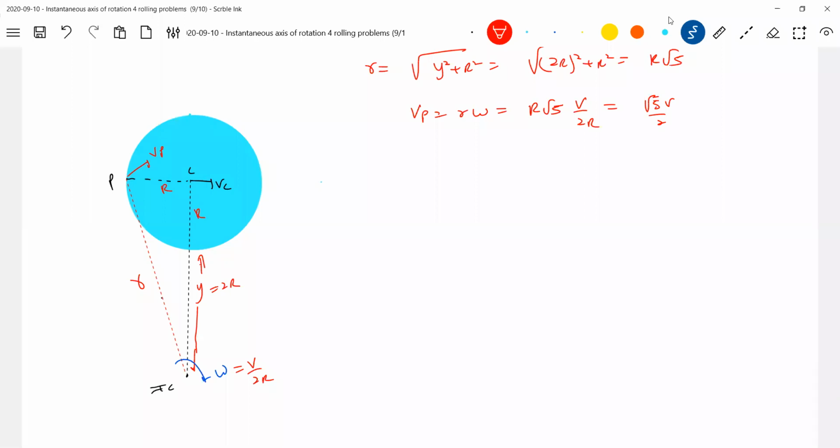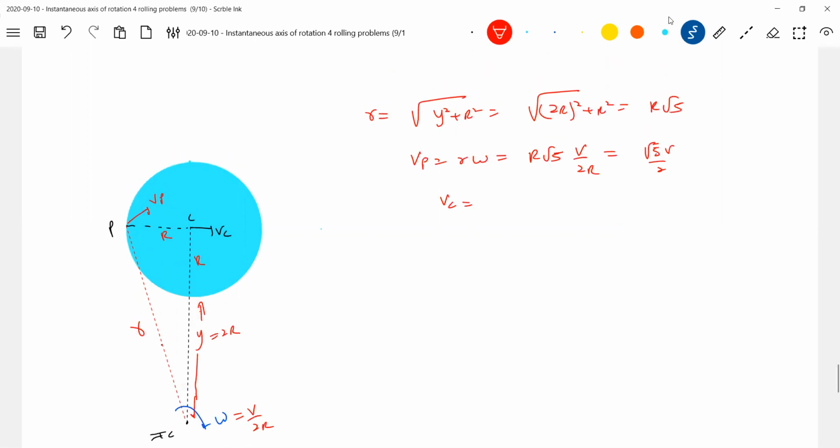Sir, shouldn't it be y plus r whole square, sir? What did I write? Y plus r whole square plus r square, sir. Oh, y plus r, no? Yeah. I'll make changes here. This will be y plus r whole square plus r square.